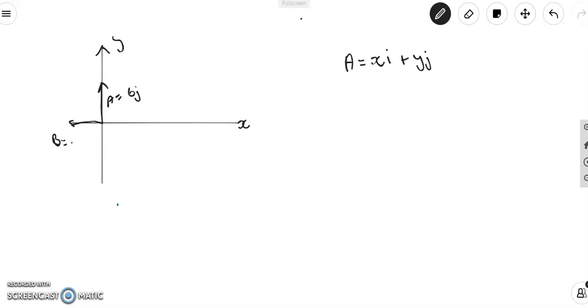Sometimes you might see it written as ax plus ay, where ax is the x component and ay is the y component, and the magnitude of this vector is the square root of ax squared plus ay squared, right? So the question is, can the magnitude of the vector A be equal to one of its components?